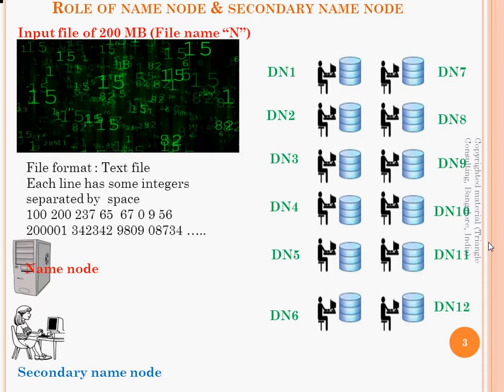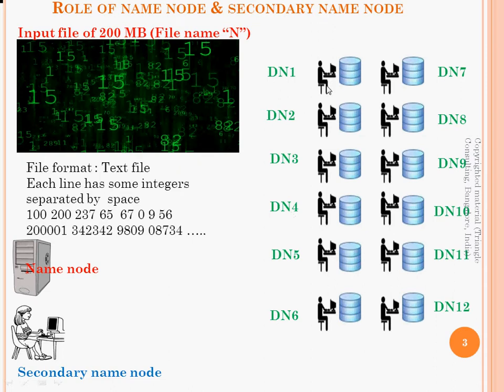When this file is sent into the Hadoop cluster, what would happen? Meanwhile, the data nodes on the right hand side, DN1, DN2, DN3, DN4, are the host names of the data nodes.